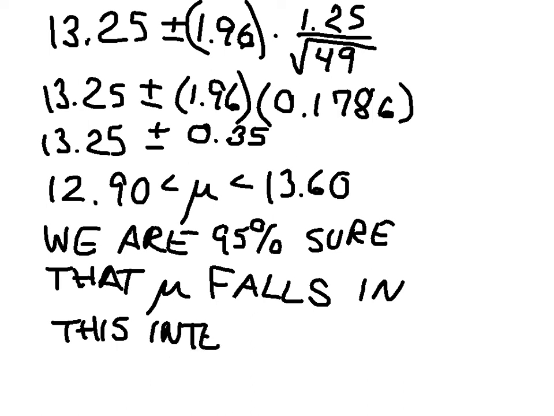So instead of going from minus infinity to positive infinity, we traded in 5% of risk, and we're now down to between 12.90 and 13.60. All right? Great.